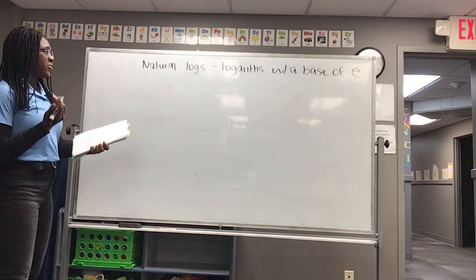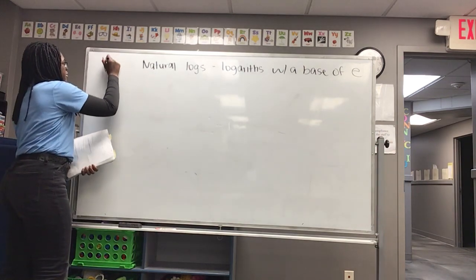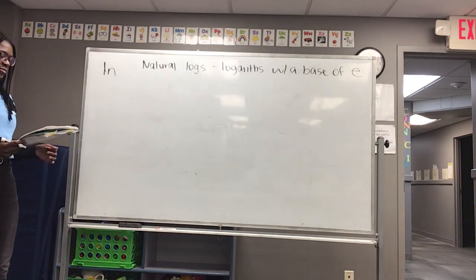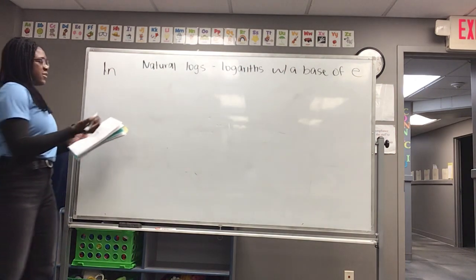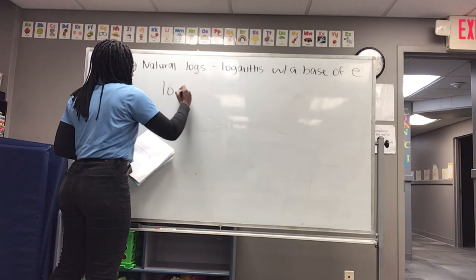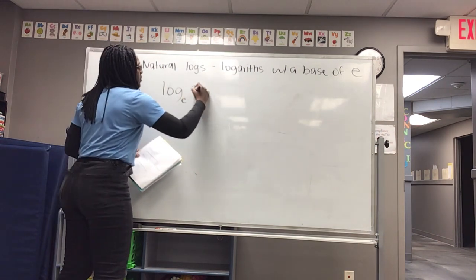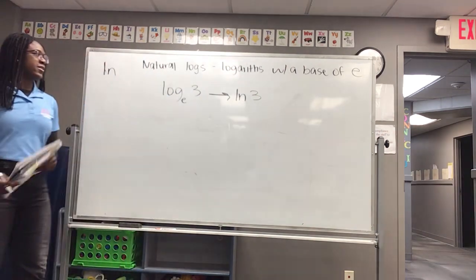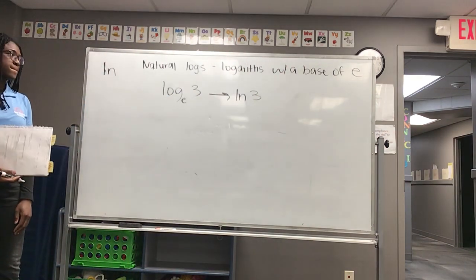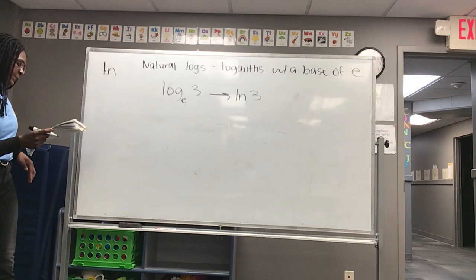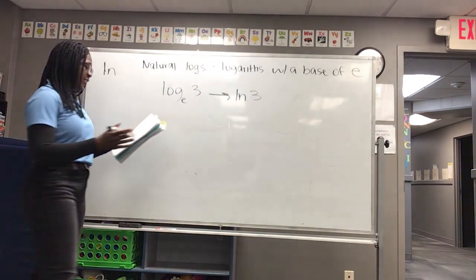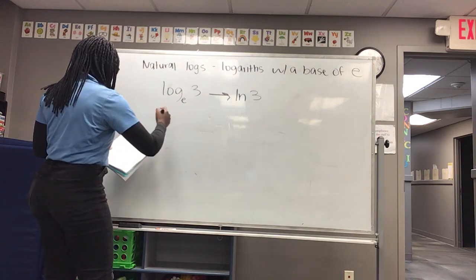We use ln to denote the natural logs. So if I show you an example, log to the base of e of 3 is the same as natural log 3.